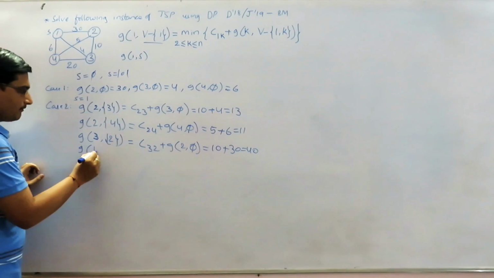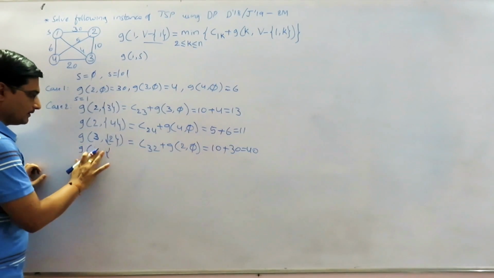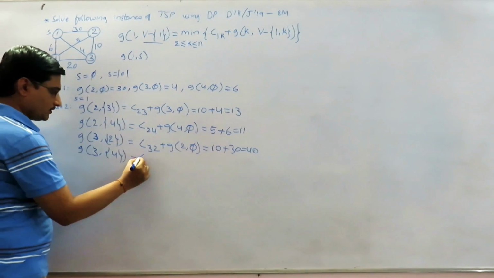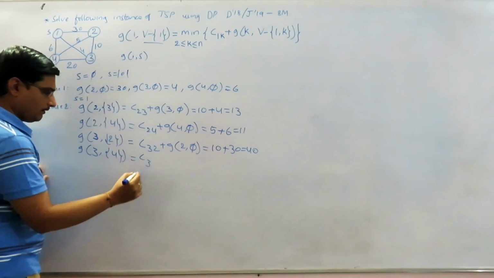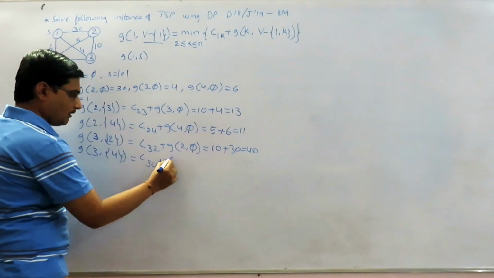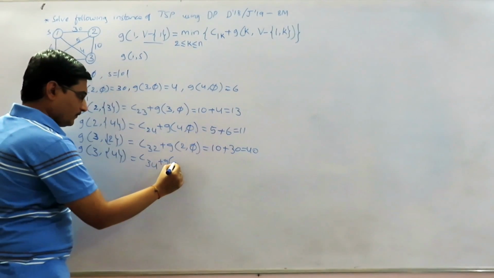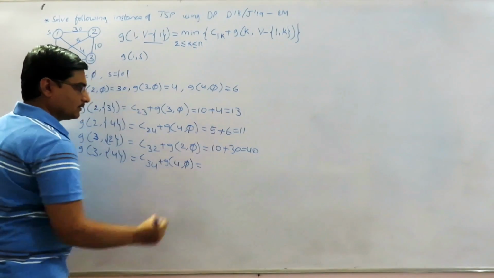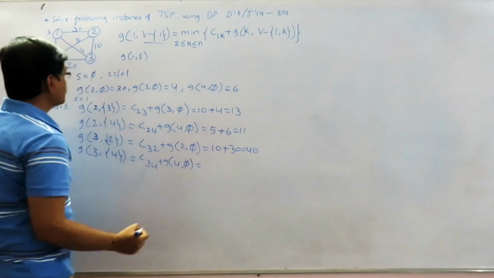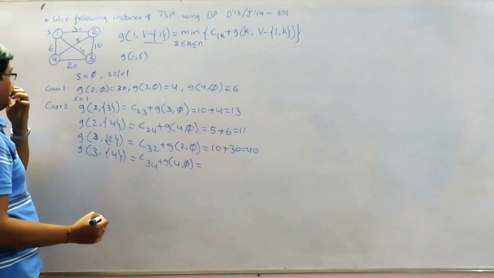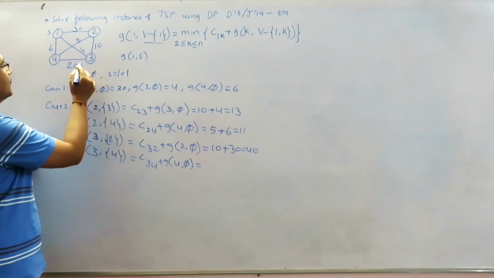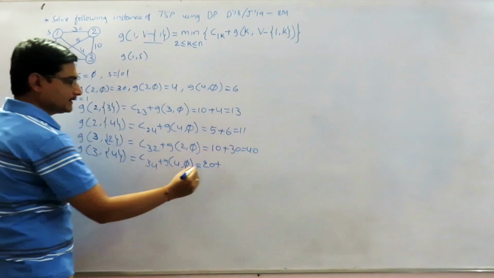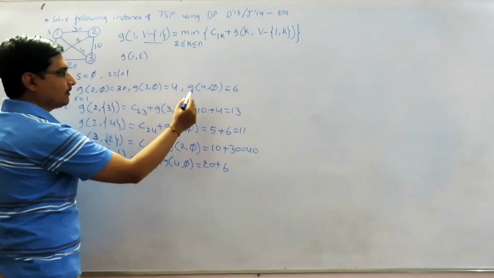Similarly, G of 3 comma 4 is equal to C34 plus G of 4 comma phi. C34, that is 3 to 4, is 20 plus G of 4 is 6.